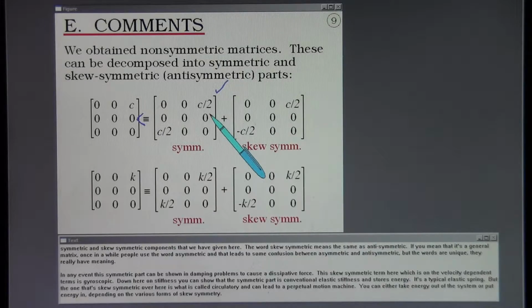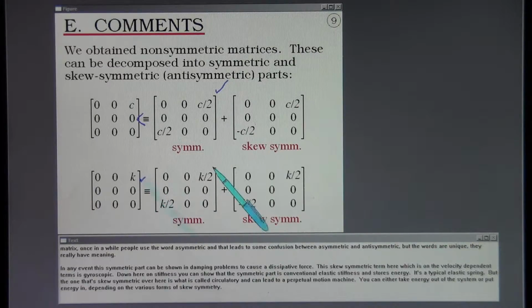This skew symmetric term here, which is on the velocity dependent terms, is gyroscopic. Down here on stiffness, you can show that the symmetric part is a conventional elastic stiffness and stores energy. It's a typical elastic spring.